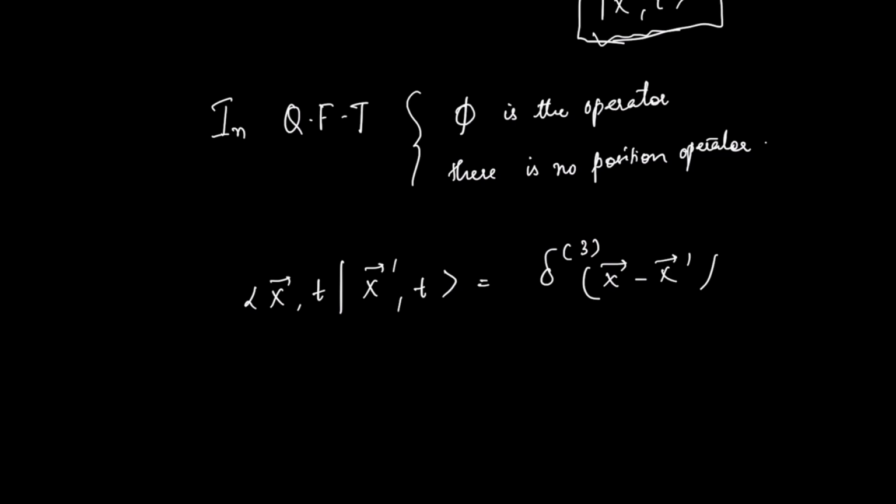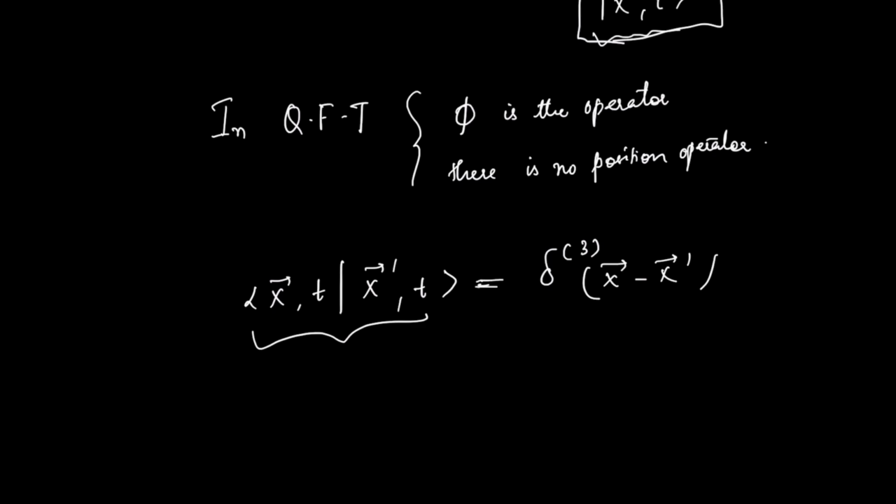So if you evaluate them at the same time, then it will be proportional to the delta function, because by definition that is what is meant by a state localized at that point. So if you are evaluating the state at the same time, then it will be a Dirac delta function.